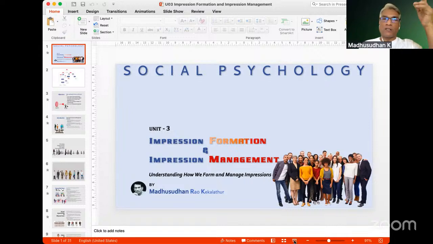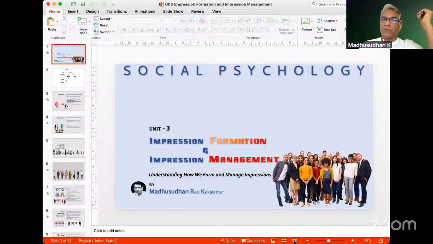So what does it mean? When you go to office, you dress up in a way which is acceptable for that particular environment. Similarly, when you go out for outing or vacation, your dressing is completely different, in which you are comfortable.